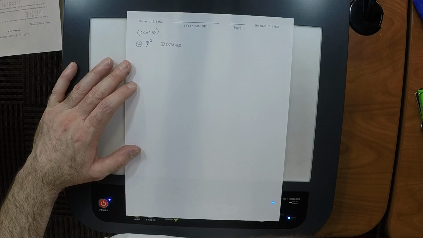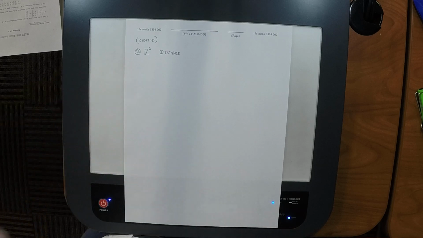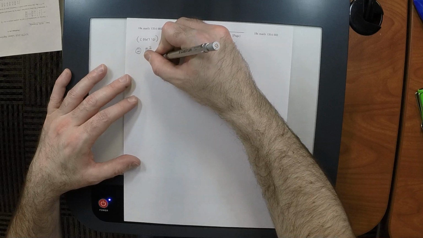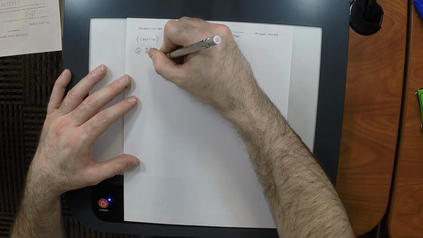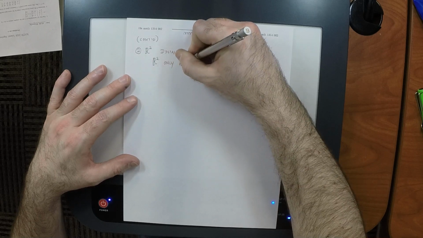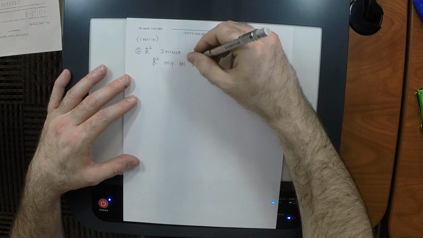Now here's the first interesting thing. So in R1 we have signed distance. We can say, is it going to be 5 or is it going to be negative 5? But for R2, R2 only has unsigned distance.